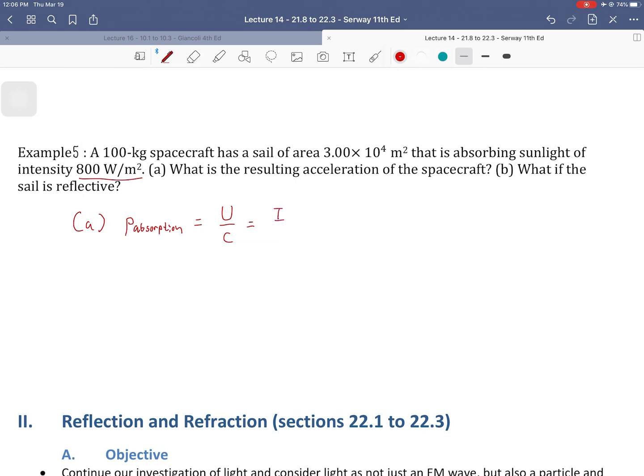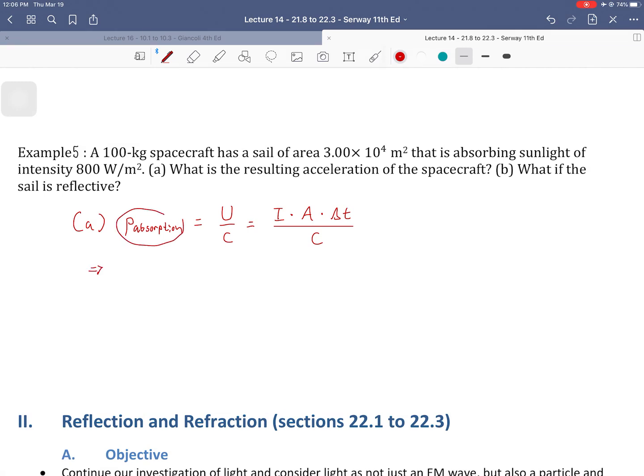It's in the units of intensity, so watts per square meter. So I'm going to have intensity times cross-sectional area, which is just the one that's given, and then times delta t. So how are we going to deal with the delta t? Well, you'll see. It's going to go back to Newton's second law, and then we'll divide by the speed of light. We're not quite ready to solve that yet because we have to reorganize our expression here.